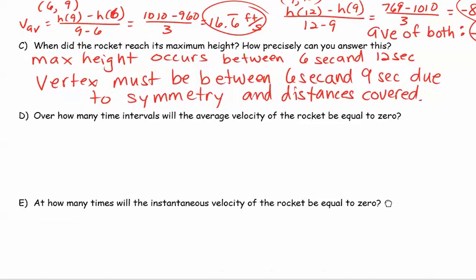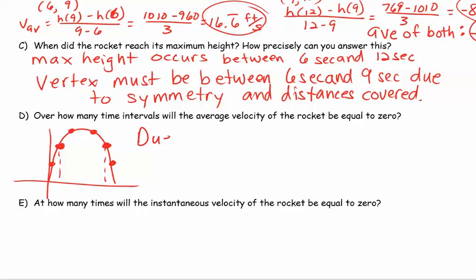And our next question to analyze is, over how many different intervals will the average velocity be equal to 0? Well, if it looks like it hasn't made any progress at all, so notice that if we happen to choose two heights, if we happen to choose a time interval where the heights were symmetrical, it would appear as if the rocket wasn't moving at all. So as long as we chose two heights that were directly across from each other, so there's an infinite number of intervals.